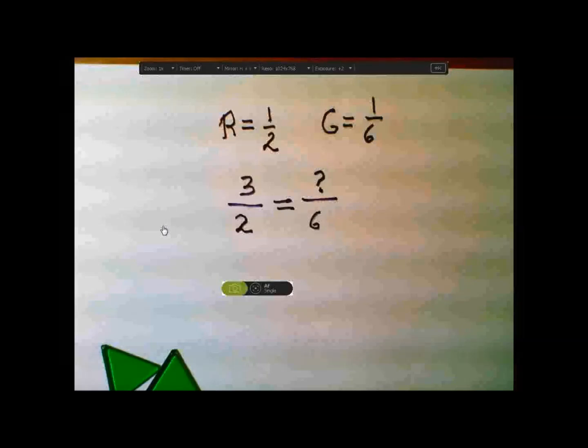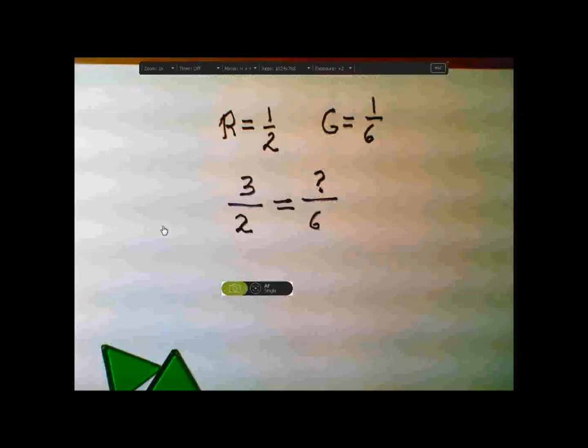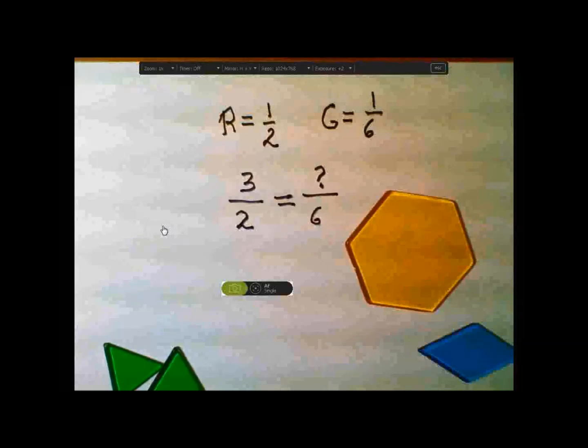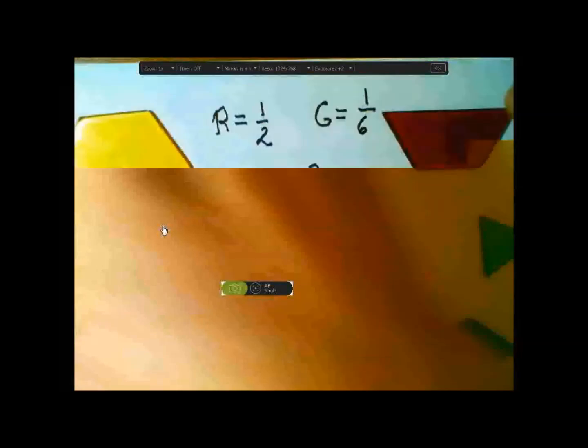Okay, Dylan, so I'm not following you 100%. We want to know what 3/2 are. What color is 1/2? Did you hear his question? What color is 1/2? Red. We have the yellow block, the blue block, the red block, and the green block. If the yellow block is 1, which block is 1/2?